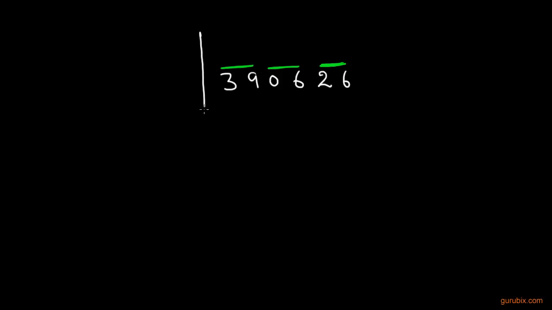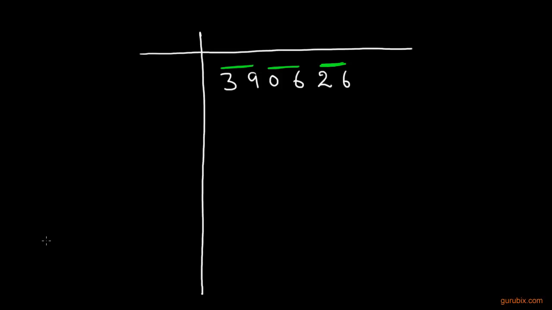Now we shall draw 2 lines like this, and think about a number whose square is less than or equal to this 39, the first pair of digits. We observe that 6 is the largest number whose square is less than or equal to 39.